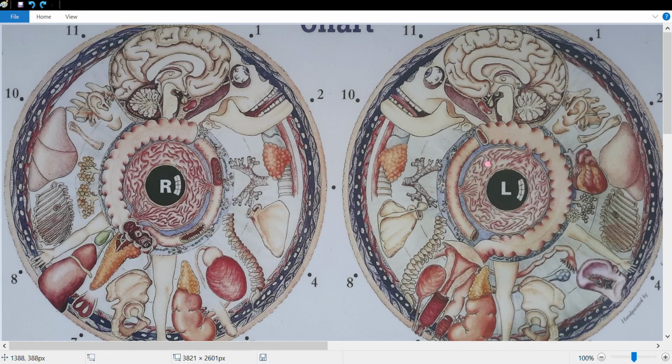This is the innermost area you're going to see in the iris, and then the small and large intestines are going to be directly outside of that. It's the same in both eyes, but there are variations on the small and large intestines. But the stomach itself is in both eyes seen directly surrounding the pupil area.